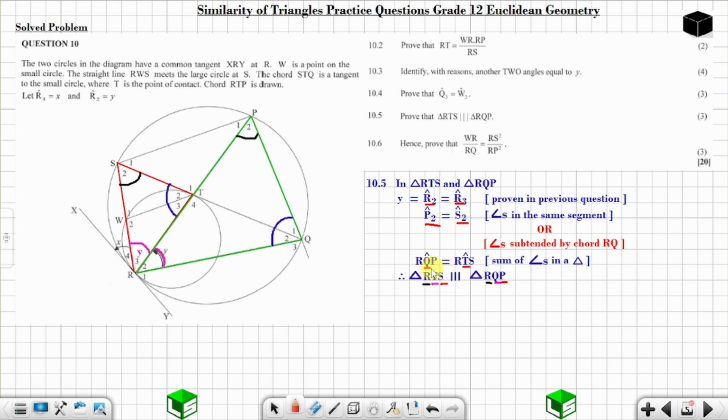So the reason why this triangle is similar to this triangle is the property angle, angle, angle. Or you can write it like this, angle, angle, angle.